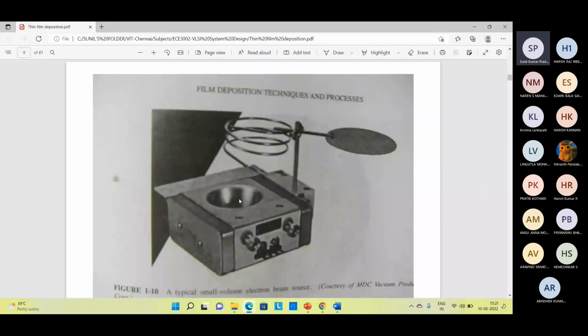From here only the electron beam energy is generated.